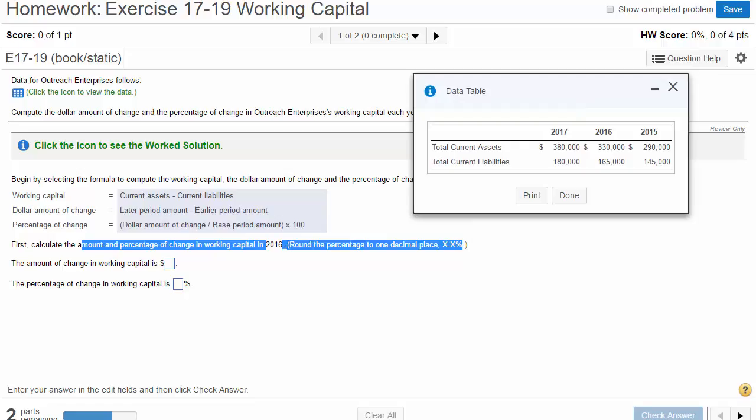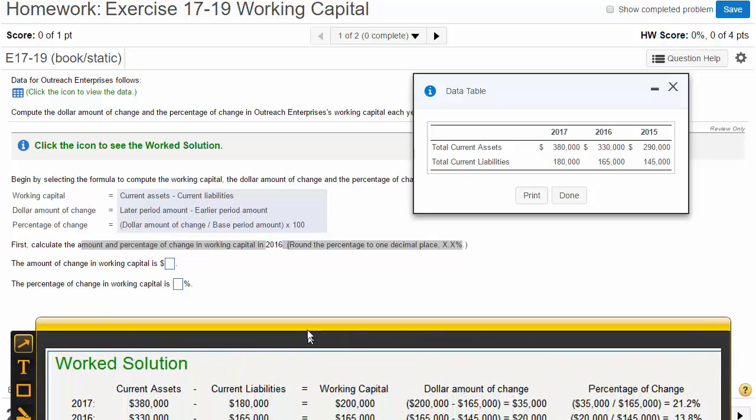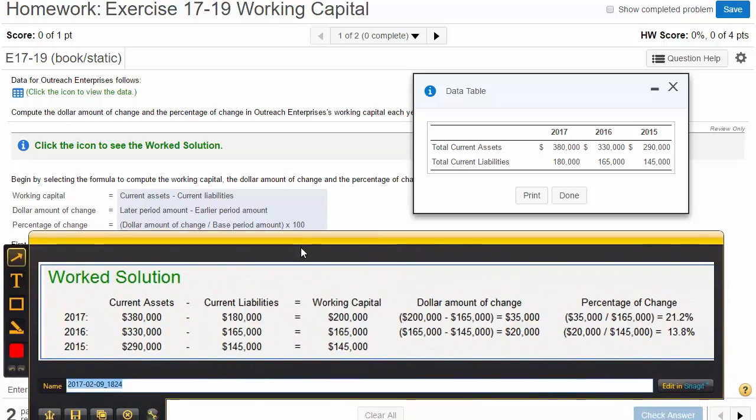Okay, so for 2016, first of all, we have to calculate working capital. So here is the worked solution.